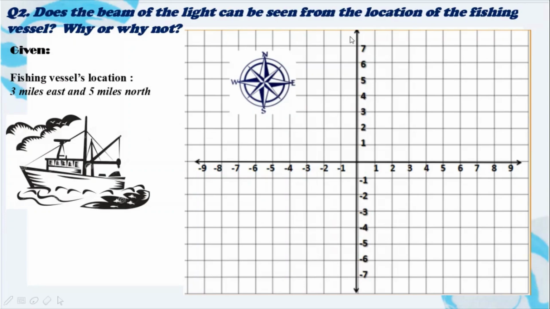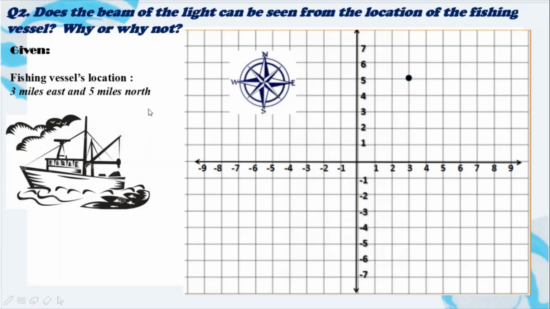Let's say the lighthouse is located at the origin, the point (0, 0). Then we will find 3 miles east and 5 miles north in the Cartesian plane.